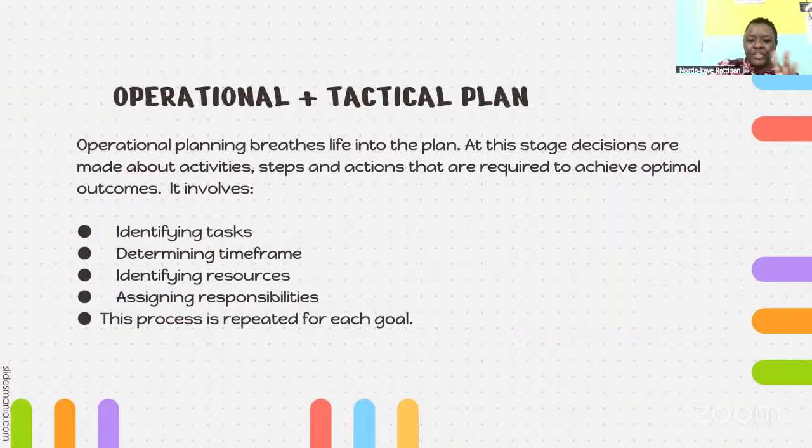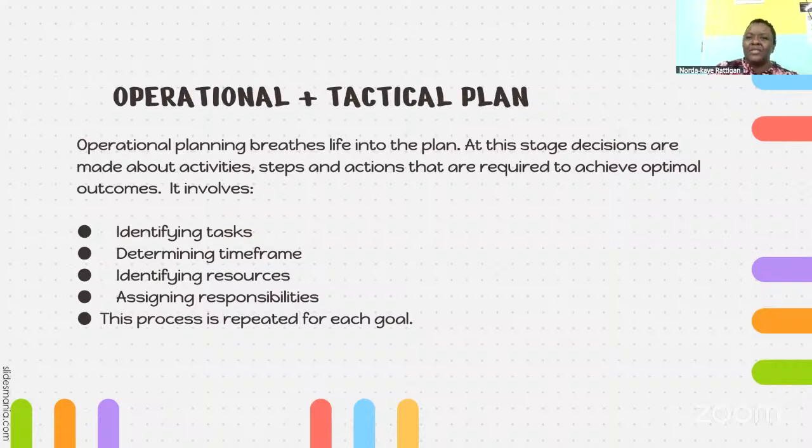Now, your operational and tactical plan. This is where your SIP comes alive. As I said, it breathes life into the plan. At this stage, you are thinking about your goals that you're going to create to match to each strategic objective that the ministry has.